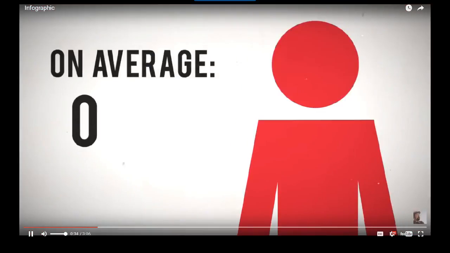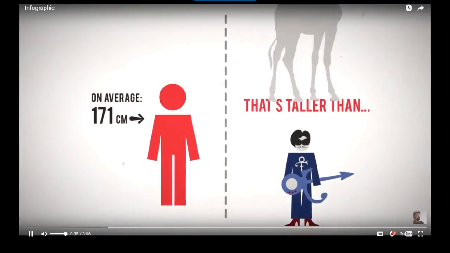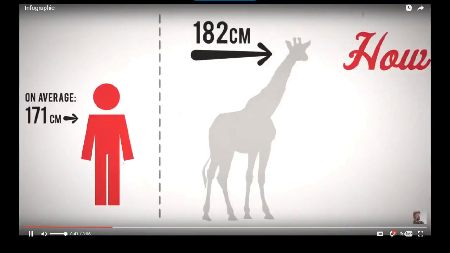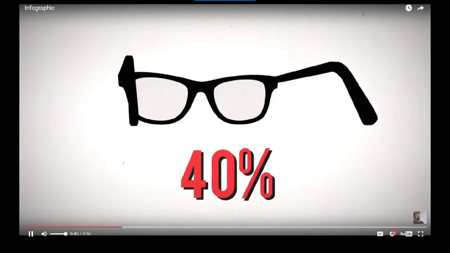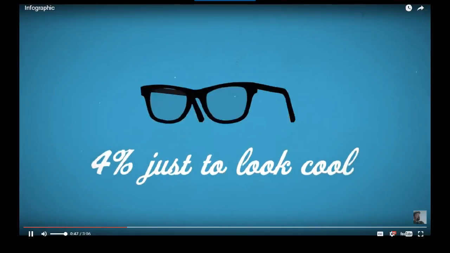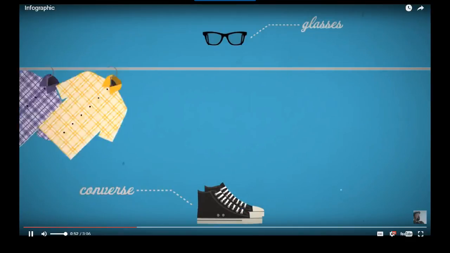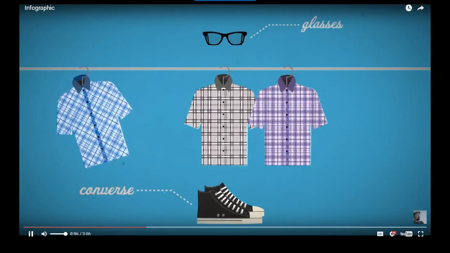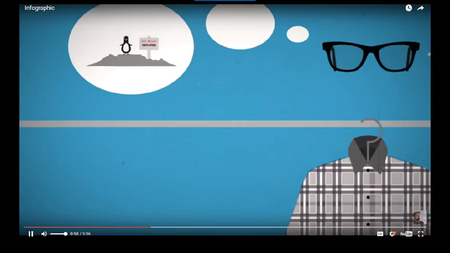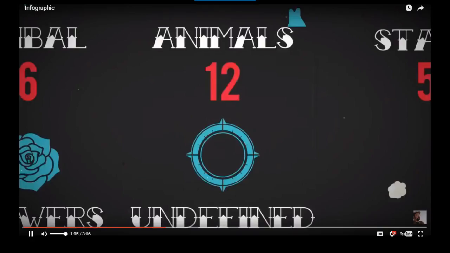The average height at DARE is 171 centimeters. That's taller than Prince, but slightly shorter than a newborn giraffe. The average age is 30.4. 40% wear glasses, 4% just to look cool. 54% sometimes wear Converse shoes to work. 57% wear check shirts, making it more likely you'll meet someone wearing a check shirt and Converse shoes at DARE than find a penguin in South Africa. 15% of employees have a tattoo. 33% regret it.